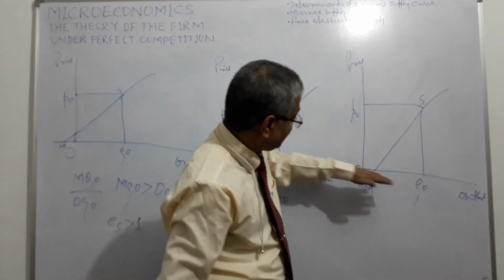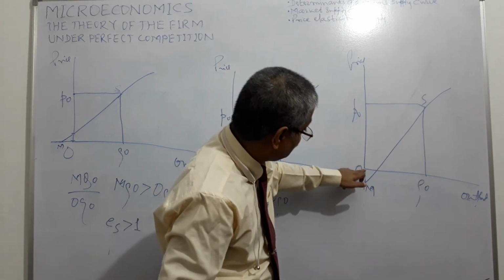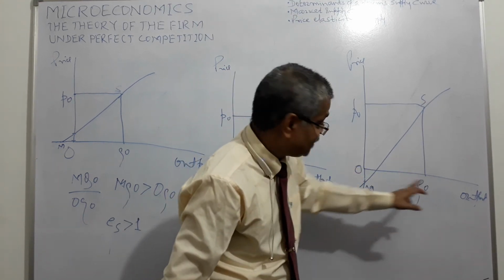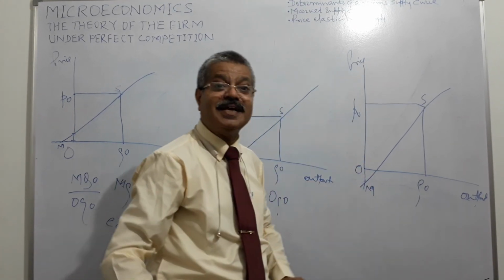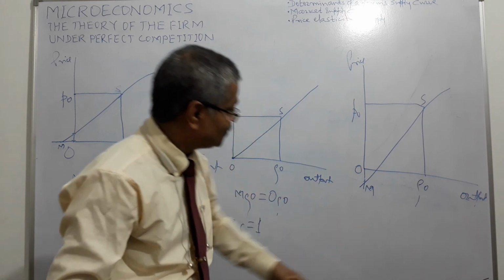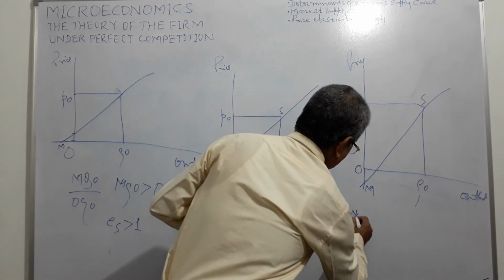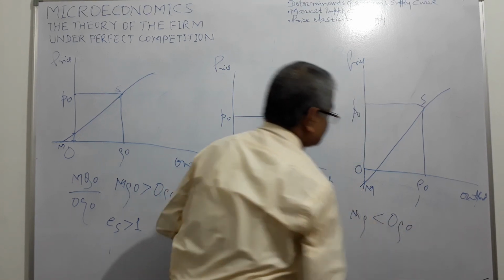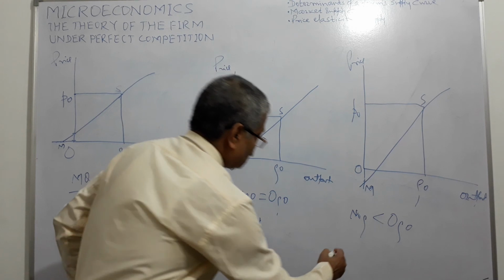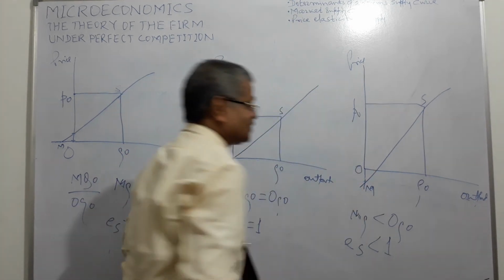So the output area, it has cut in the positive area. Output is 0 here and increases here, it cuts it here. But price it has cut in the negative area, below 0. So what happens? MQ0 here is less than OQ0. So price elasticity of supply will be less than 1.